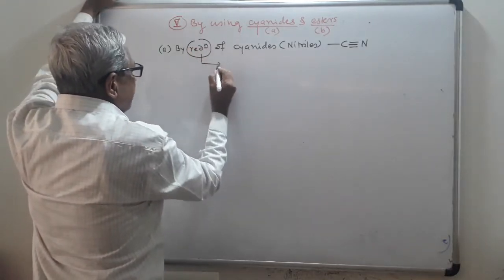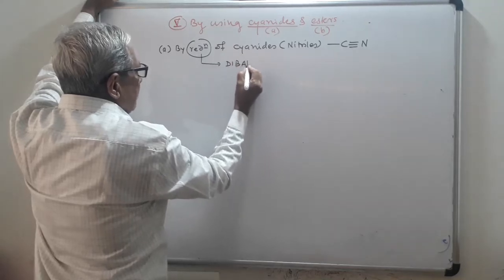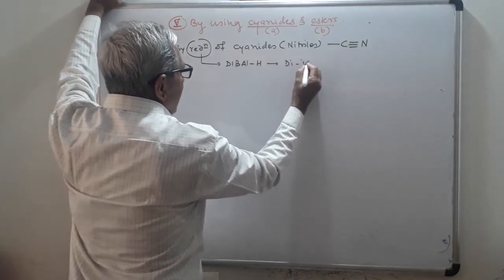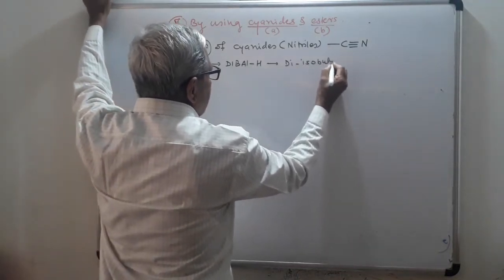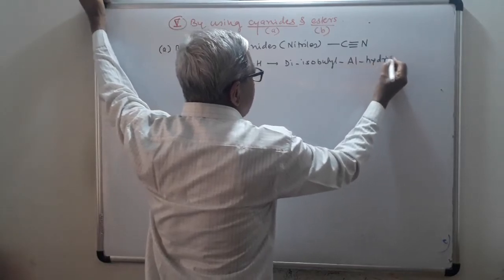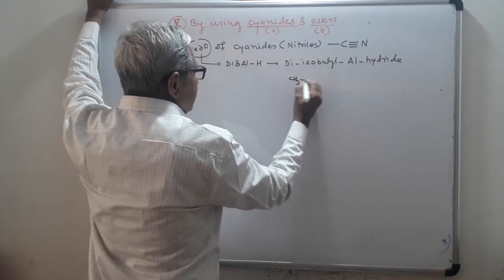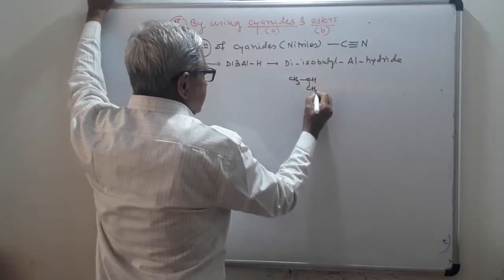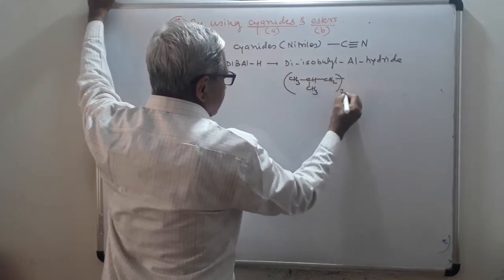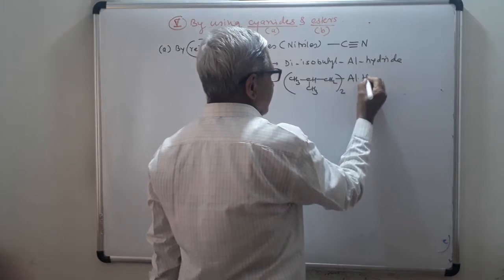Here a particular reagent is used, diisobutyl aluminum hydride. This is a particular reagent which has the formula (CH3)2CHCH2, this is the type of diisobutyl aluminum hydride.